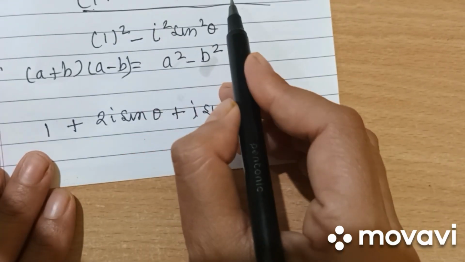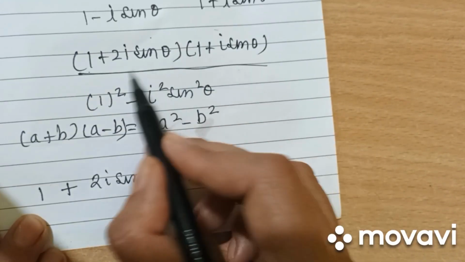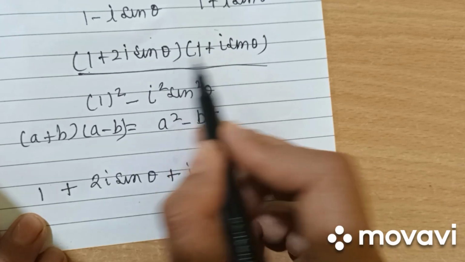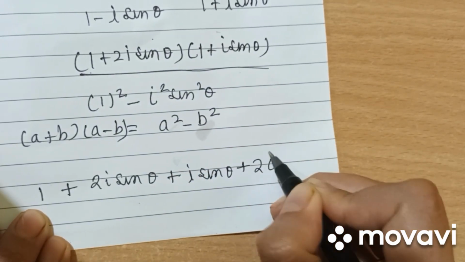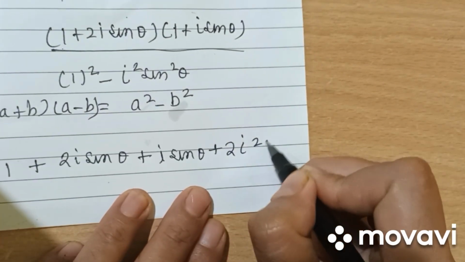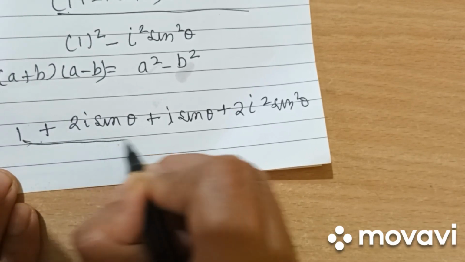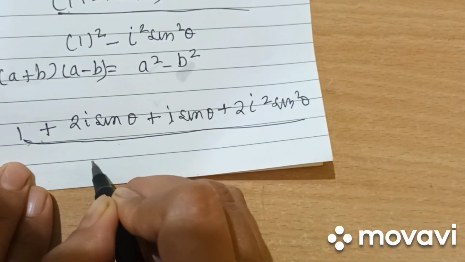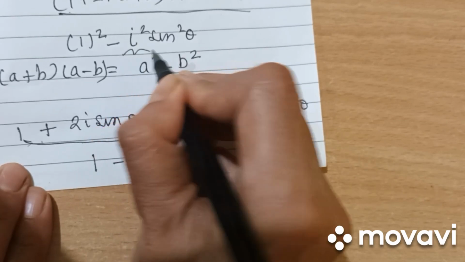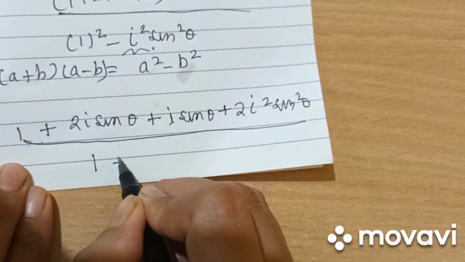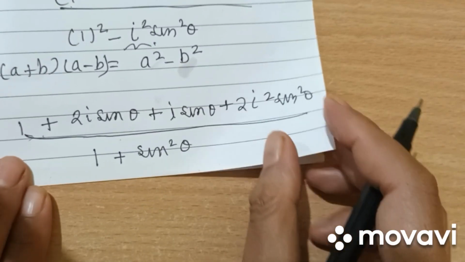Now 2i into i sin theta: i into i becomes i squared, which is minus 1. So it will be plus 2i squared sin squared theta, and the denominator will be 1 minus i squared sin squared theta. Since i squared is equal to minus 1, it will become 1 plus sin squared theta.